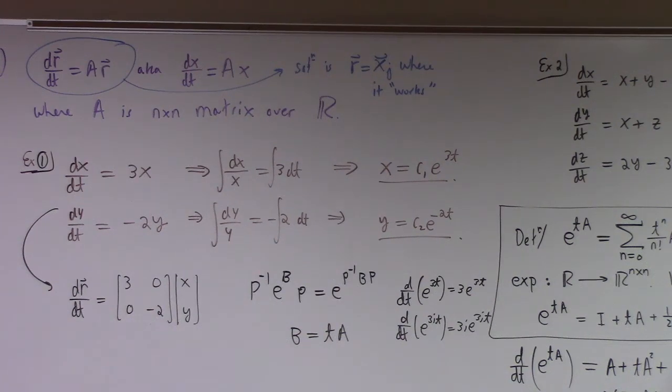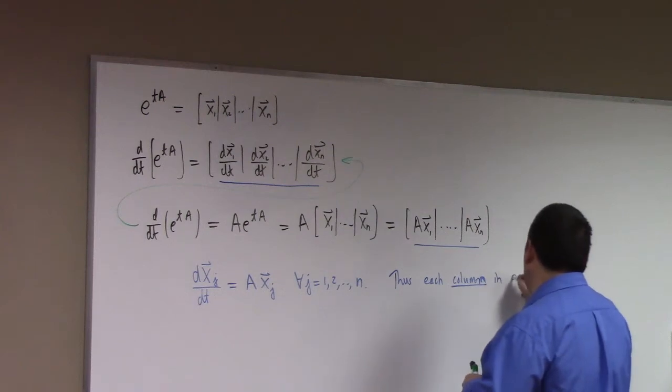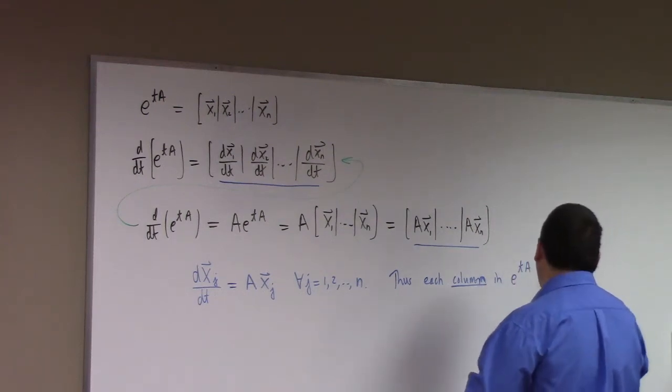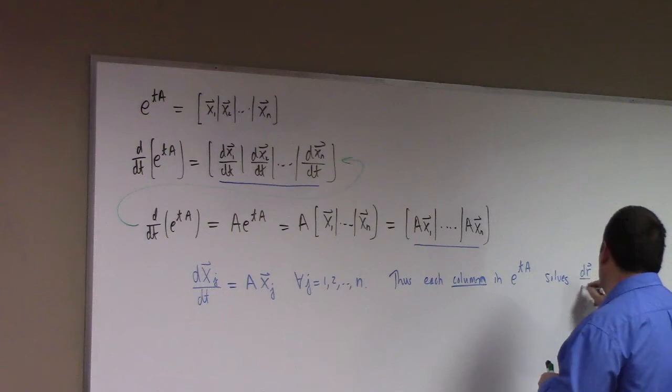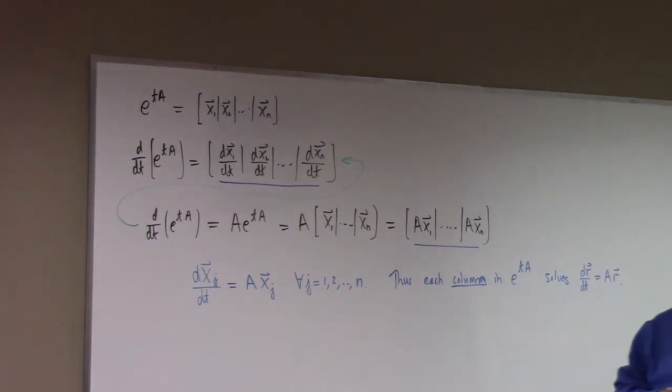So what I've just proved for you is that every column in the matrix exponential is a solution to the differential equation dx/dt equals Ax. Each column in e^(tA) solves dr/dt equals Ar.